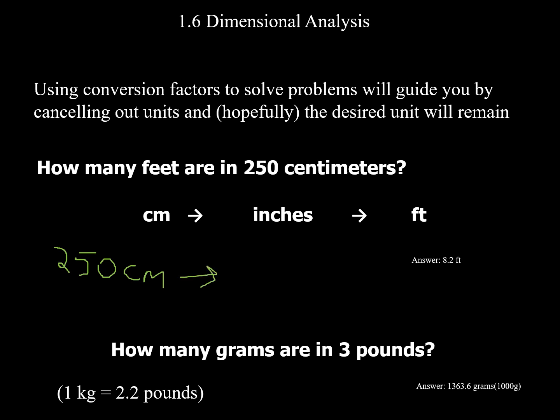If you recall, the unit conversion would be 2.54, on the bottom or the top? It would be on the denominator. It would be on the bottom. So you have 2.54 on the bottom, 1 inch on the top. These would cancel, and you're left with inches.